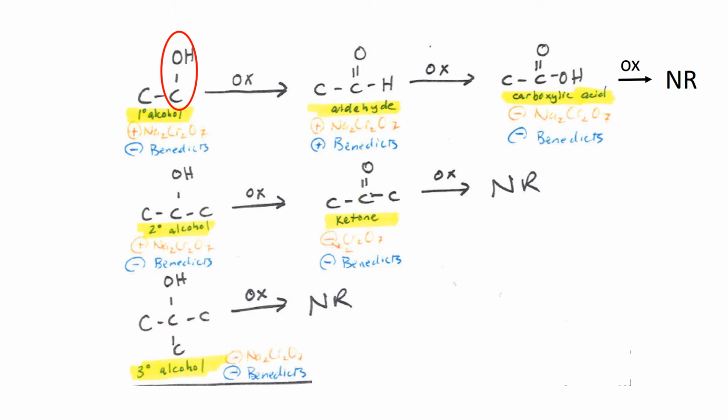Now you'll notice something here. I haven't listed what the oxidizing agent is. In fact, all that I've done is write the letters OX above the arrow. That OX above the arrow indicates that we're trying to oxidize that reactant, the primary alcohol. We don't even indicate what the oxidizing agent is because that's not our focus.